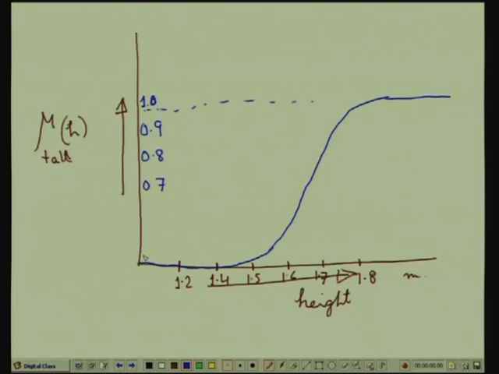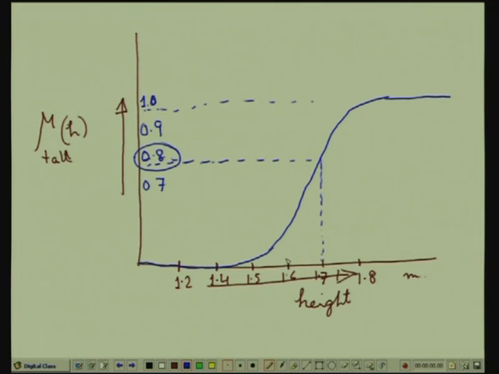Now, if I come across some person who has got a height 1.7, then simply I will project this over here and we will say, well, its membership, yes, you also I will give you a place in tall, but with a membership of 0.8.